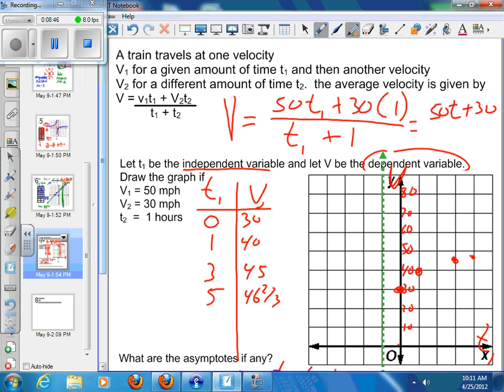So what's happening at 1/2? So that would be 1/2 of 50 is 25 plus 30, and 1 plus 1/2 is 3/2. So that's going to be 55 over 3/2, which is 55 times 2/3.